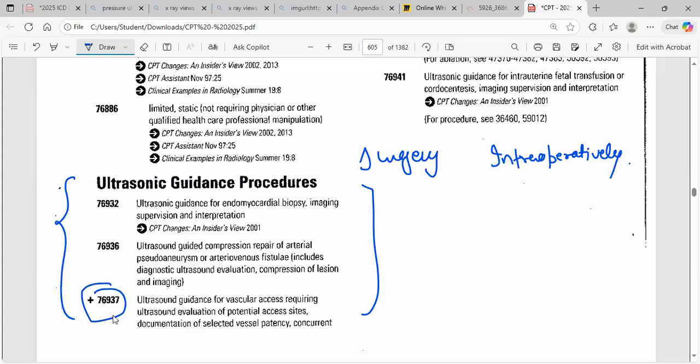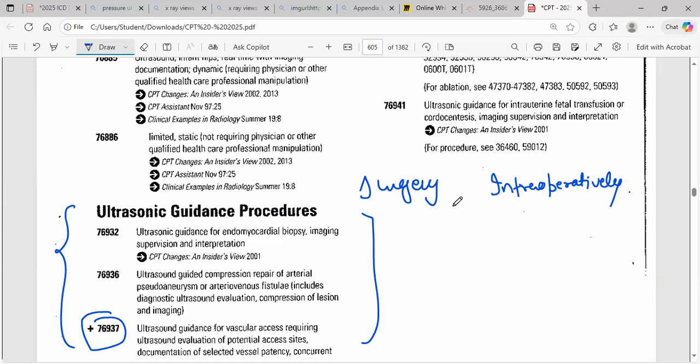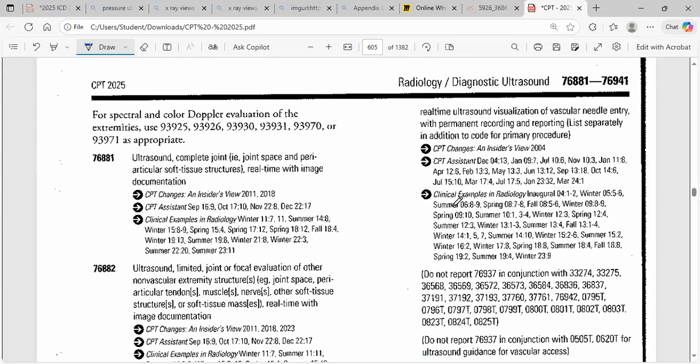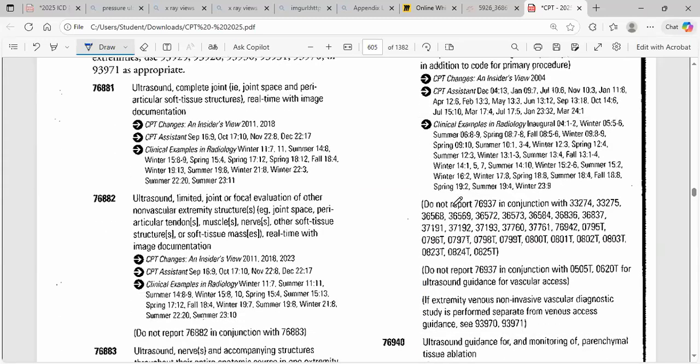These add-on codes need to be used with the primary surgery. Whatever the surgery the doctor is doing, we have to bill this code with the primary surgery only.